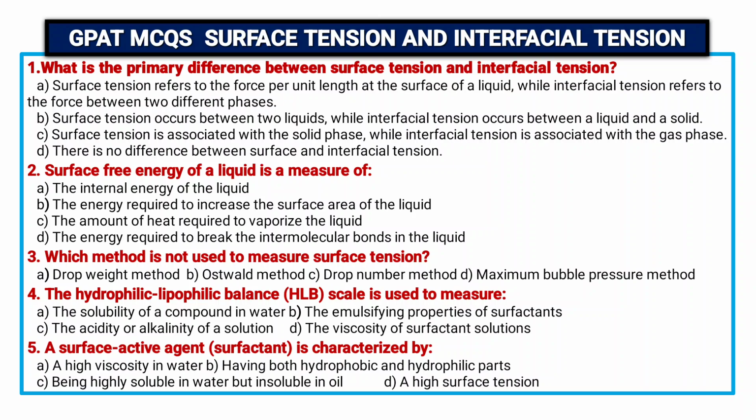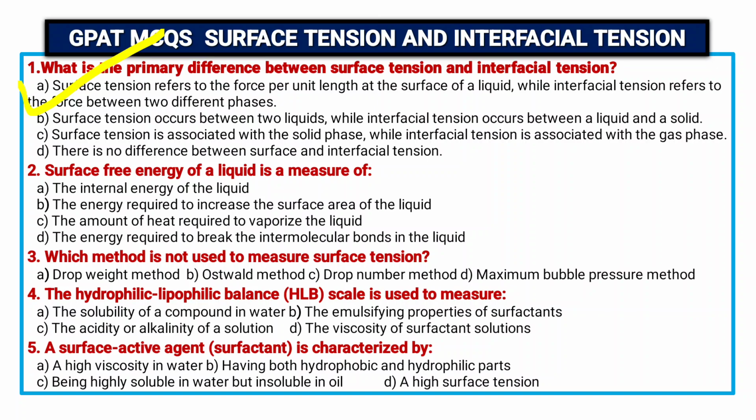B. Surface tension occurs between two liquids, while interfacial tension occurs between liquid and solids. C. Surface tension is associated with solid phase, while interfacial tension is associated with gas phase. D. There is no difference between surface and interfacial tension. So the correct answer is A: surface tension refers to force per unit length at the surface of a liquid, while interfacial tension refers to two different phases.